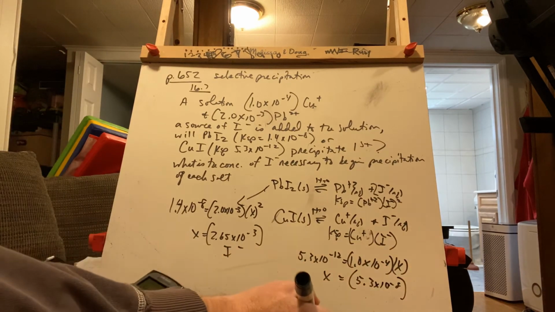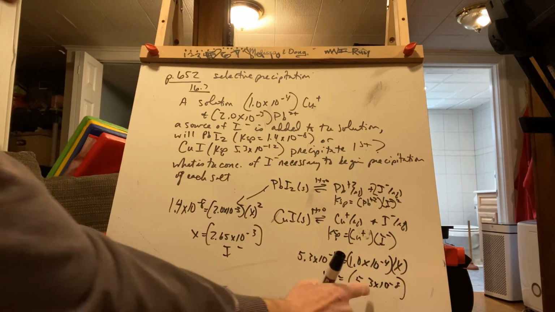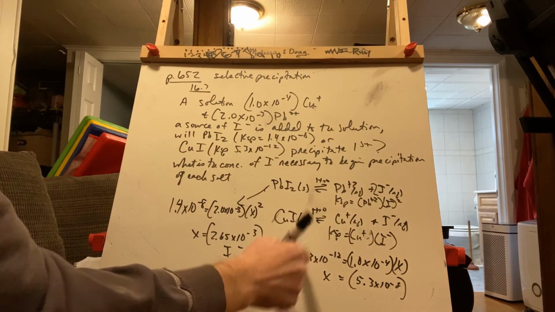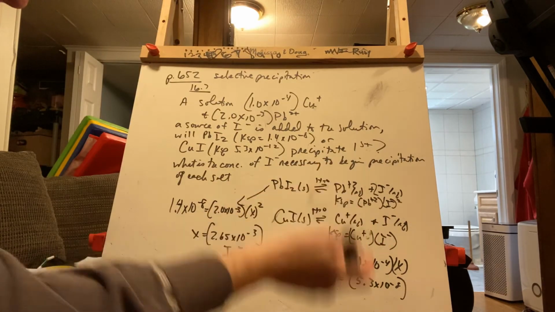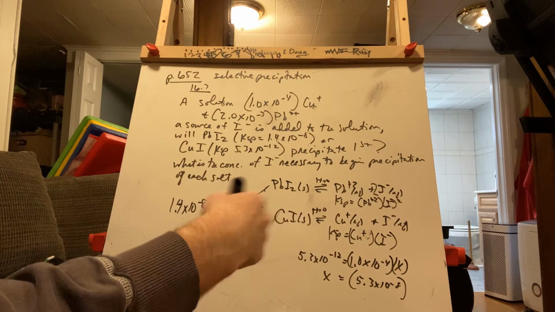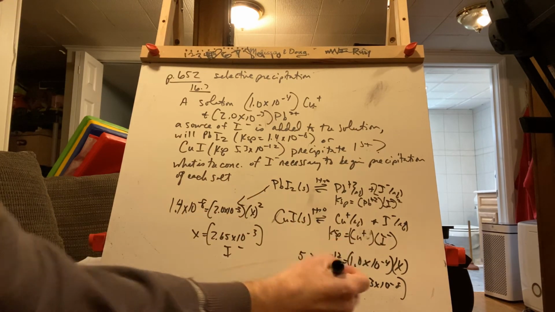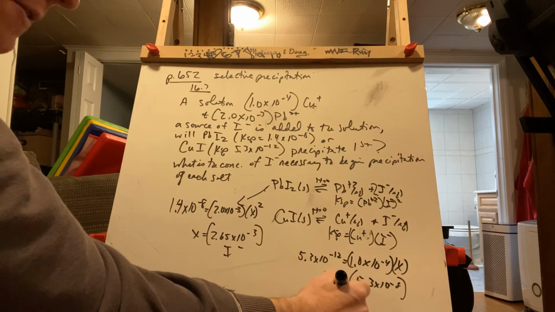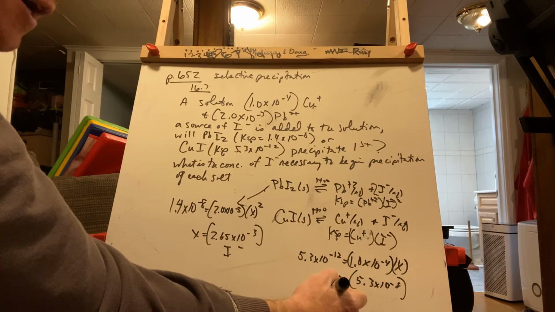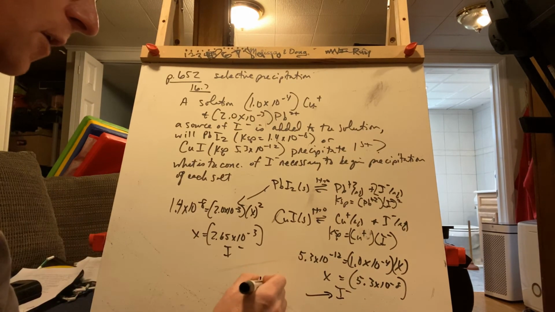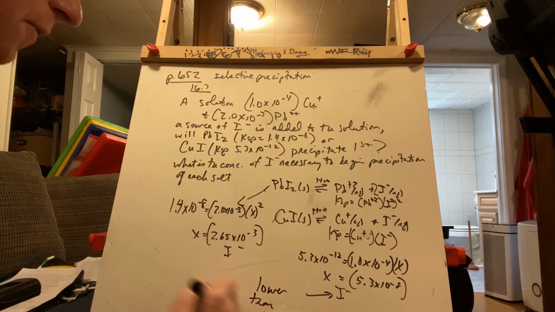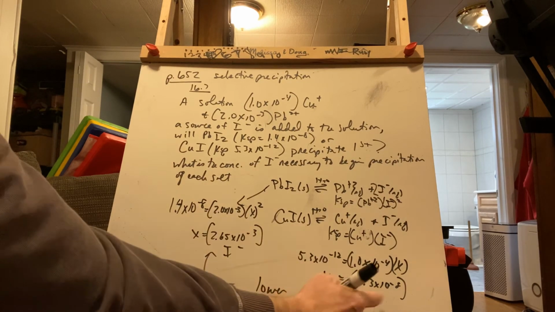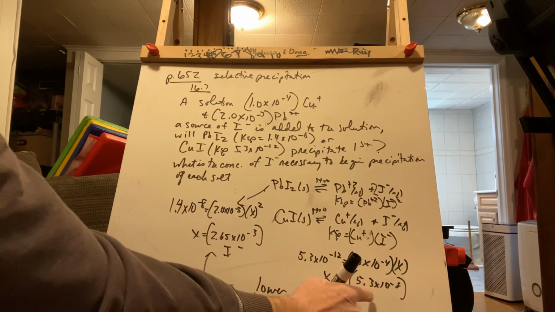And we sort of just figured out which one the I minus is going to precipitate, just like we had predicted: the lowest KSP is usually going to give us our first precipitate. The numbers could mess you up a little bit, but that's what's going to happen. Since the concentration of I minus required here is so low, lower than this one, you need a smaller amount of I minus.